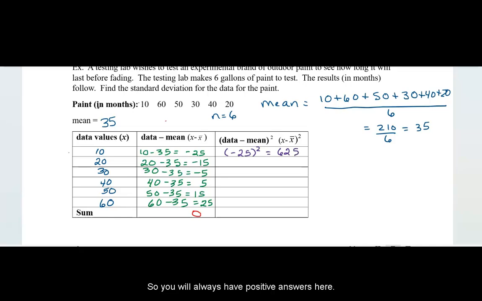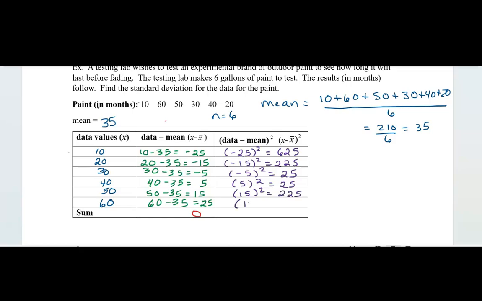So you will always have positive answers here. 15 squared, 225, negative 15 technically. And we get 25. And then 5 squared is 25. 15 squared is 225. And then 25 squared is 625.